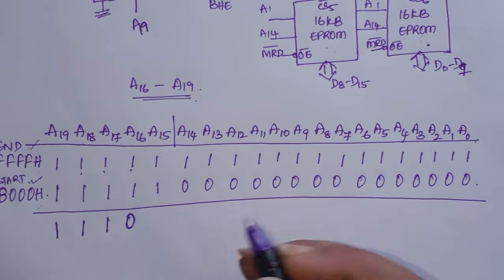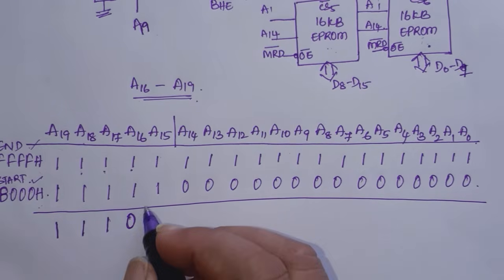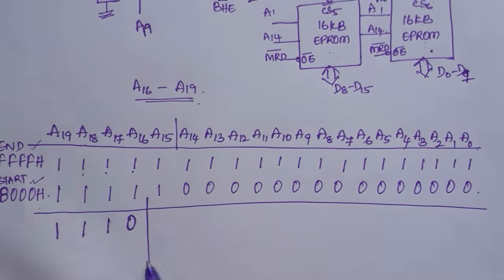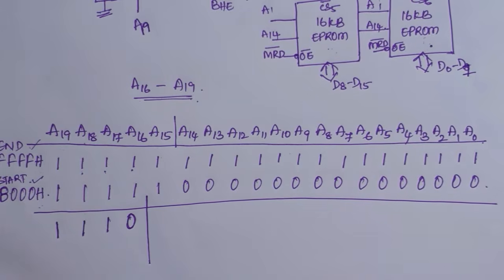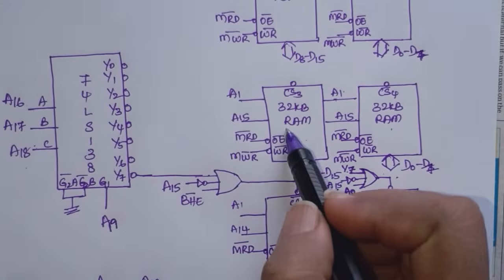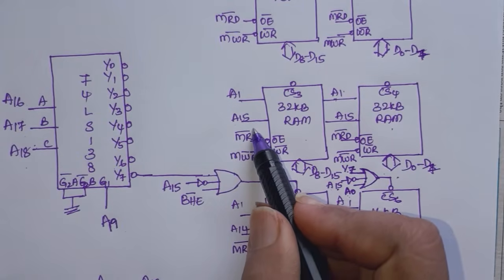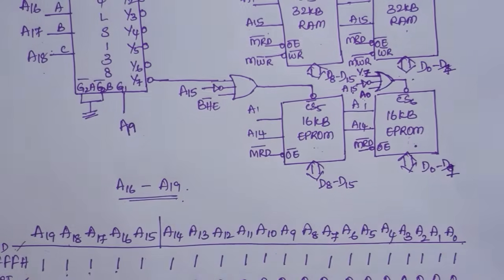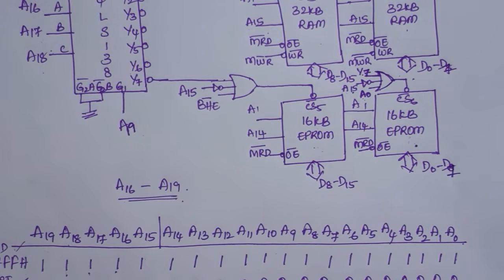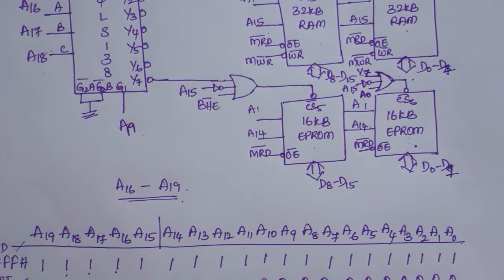In the case of RAM, A15 is also used in decoding the address here. So the combinations will change here. A15 will also change depending on the address.